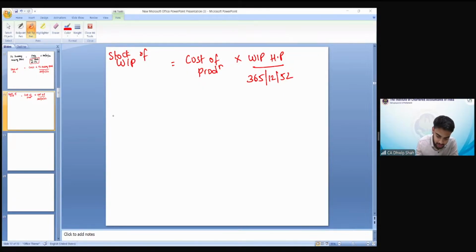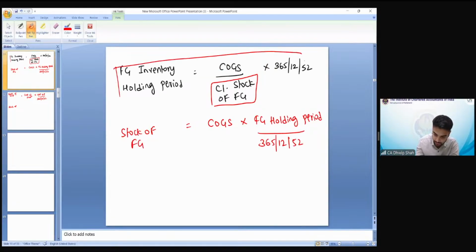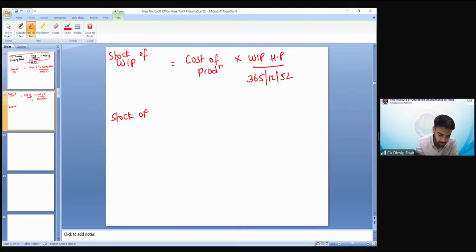And third, stock of RM. Wait a second, I am coming to that point. There is some mistake here. I have done some mistake over here, but I'm coming to that point.